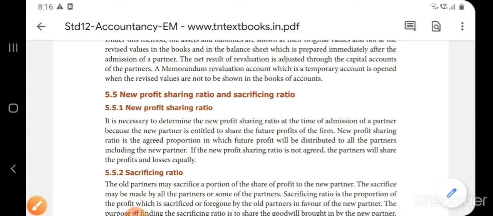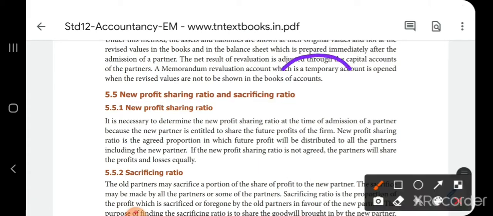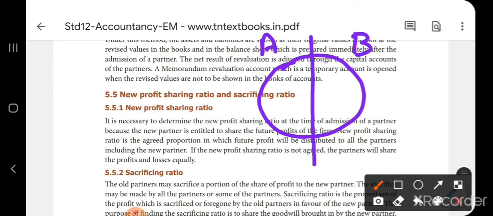Okay, suppose imagine this is a cake. This I have told you in the previous class, but still once again I'm taking. This is a full cake and two of the friends, A and B, are sharing it equally. Suppose if C comes in, what will A do?